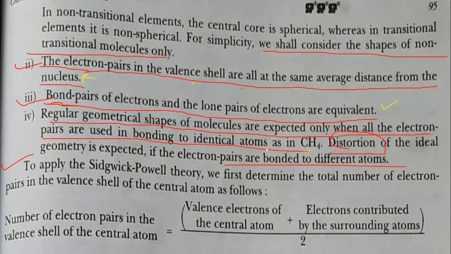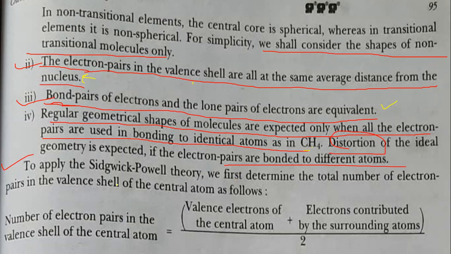The regular geometrical shape is obtained only when all atoms attached to the central atom are identical. इथे 4 हायड्रोजन ॲटम अटॅच आहे कार्बनला, म्हणून त्याची जिओमेट्रिकल रेग्युलर असते. But if different atoms are attached to a central atom, then that shows a distortion in the geometry.